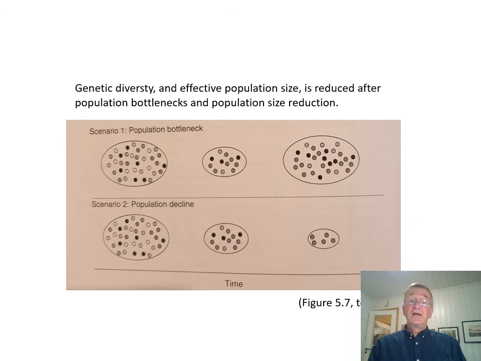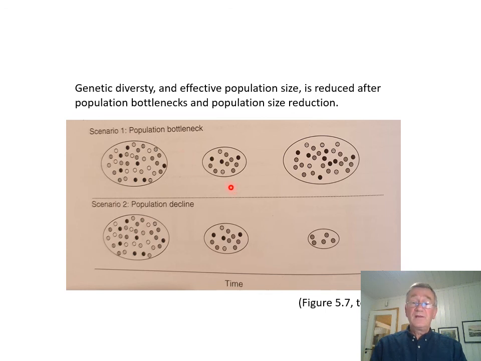This slide shows us that the genetic diversity, and also the effective population size, is reduced after population bottlenecks and population size reduction. You see in scenario 1 here that you have a population. There is a population bottleneck. It is reduced for some reason or the other.